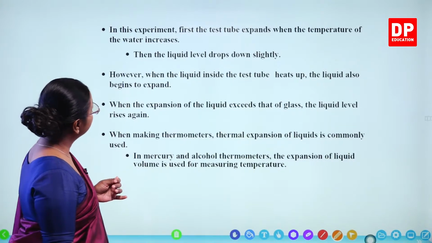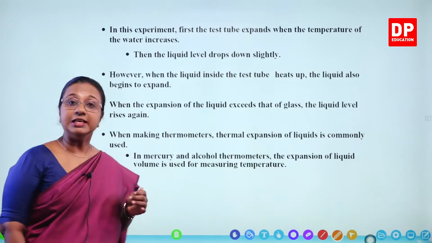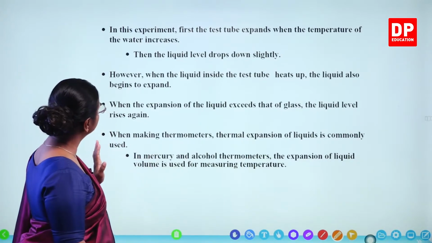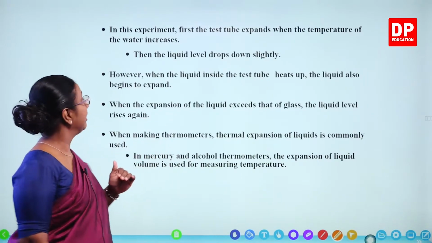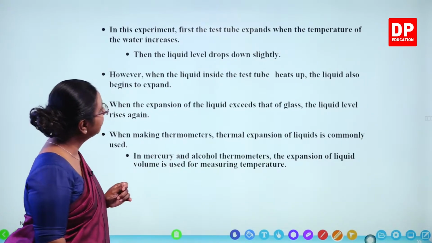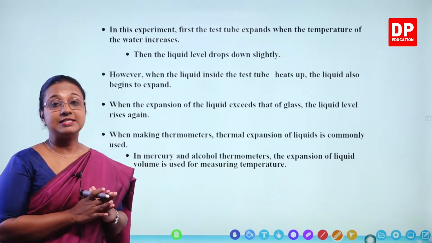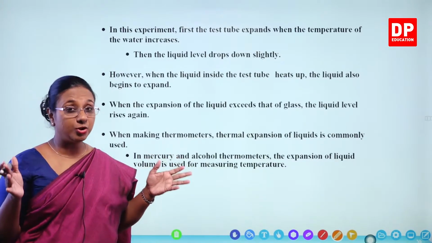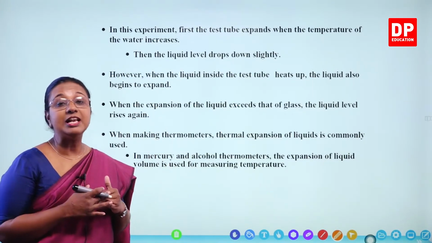So in this experiment, first the test tube expands when the temperature of the water increases. So I explained all these to you all. Initially, the test tube expands, so the water level decreases. Then the liquid level drops down slightly. So why? The volume of water is the same, but the glass expands, the volume of glass, that is the test tube, increases. Therefore, the water level decreases.